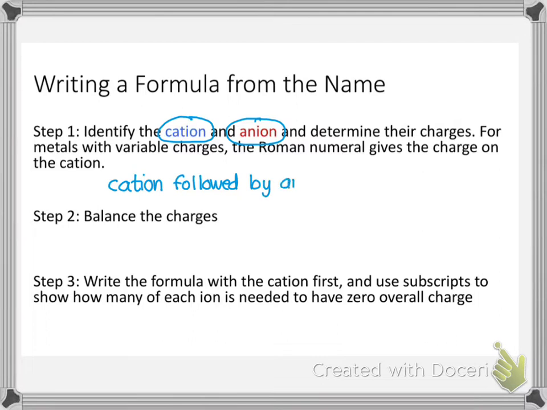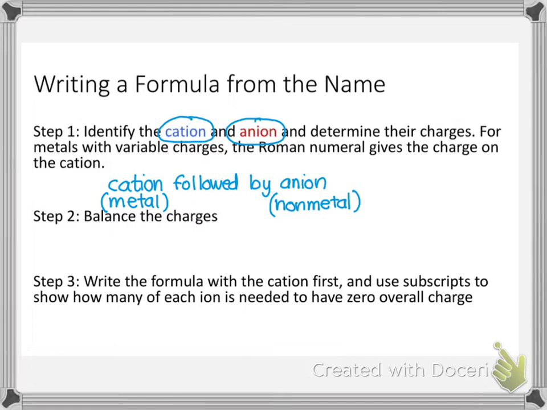If we want to make it more general, it will be your metal, which is formed by cations, followed by your anions, which is going to be your nonmetals. Now, there may be polyatomic ions in here, which are also made of nonmetals. So they could also be involved.